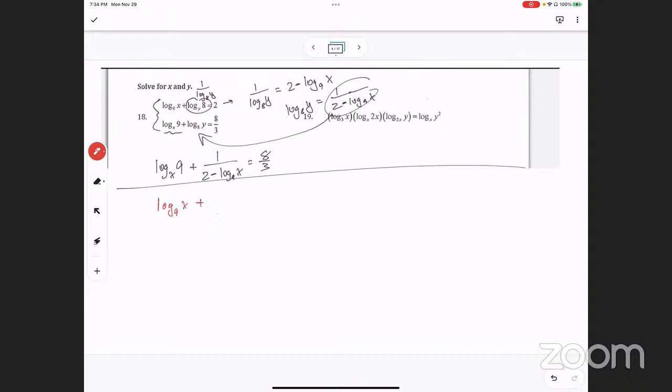So this first equation would be this. Okay. The second equation would be 1 over the log base 9 of x plus the log base 8 of y equals 8/3.